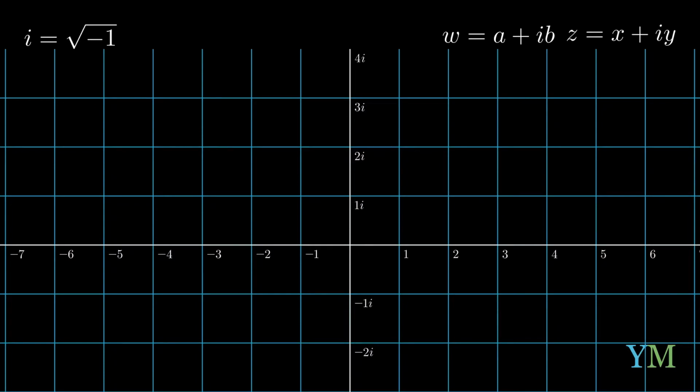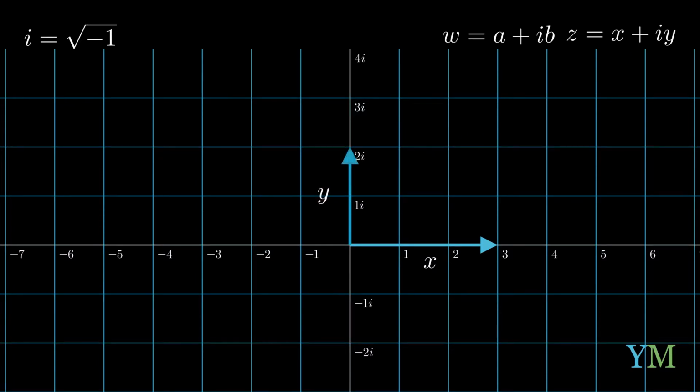Now let's look at the complex number z. Its real value is x. We're going to place x on the real number axis, and we're going to represent it by an arrow that represents its size. On the other hand, the imaginary part should be placed on the imaginary axis.